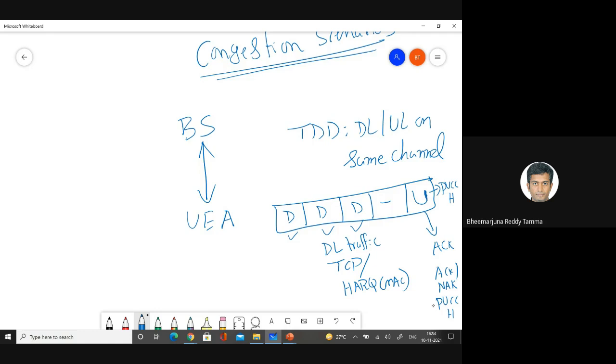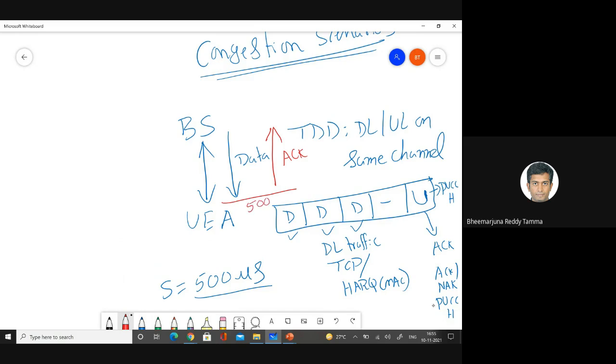That means if I assume my slot equals 500 microseconds, I'm not only transmitting the data from the base station to the user, the user is also sending the ACK, at least at the MAC layer, to the base station. All these are happening within 500 microseconds.